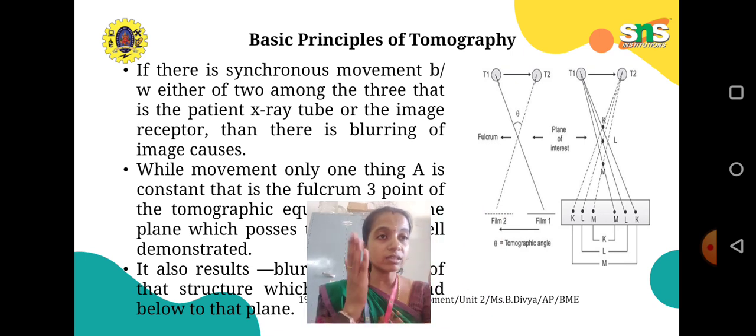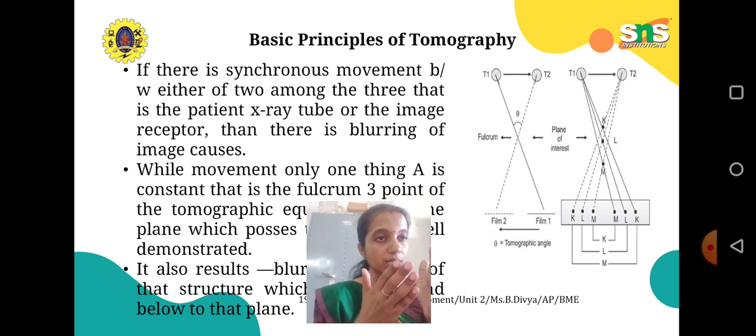In another image you have three intersecting lines, K, L and M. T1 is a transmitter and T2 is a receiver.